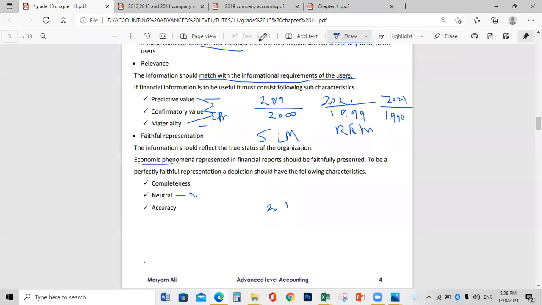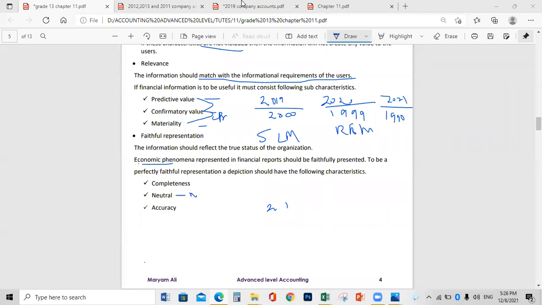Now the users will be unable to compare, because one year you're following straight line, the other year you're following reducing balance method. So that is difficult for the users to compare, right? They can't check whether the profit has increased or not, because the method you chose is different. Because of that, depreciation might be different. So how can you compare it? You understand what I'm saying?